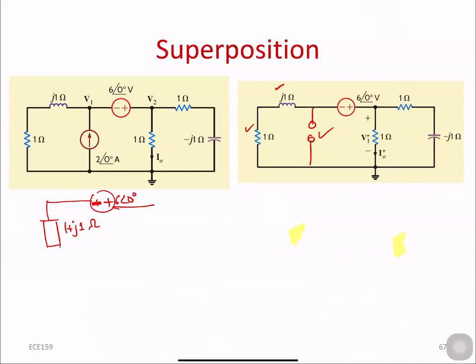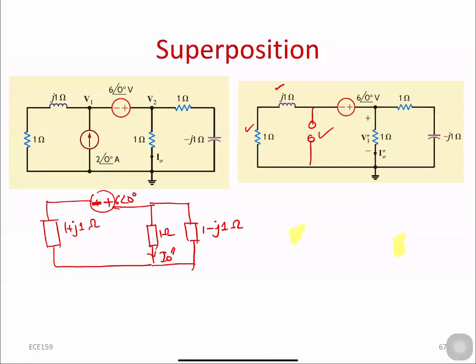Now we have one impedance here, and we have another here. We have to again keep this branch because we have to find out the current in this branch. So this is I naught double prime. This is 1 ohm impedance, and this is 1 minus J1 ohms. Now, how will we find out the current?